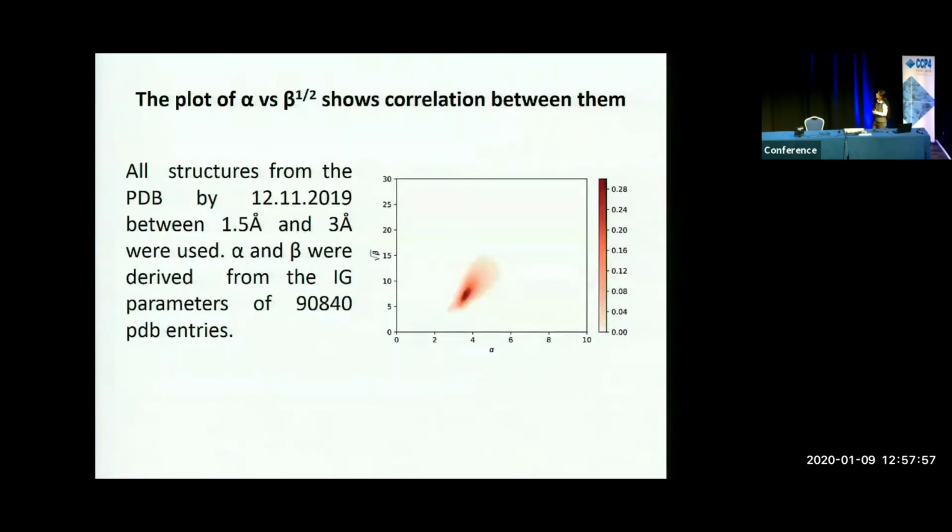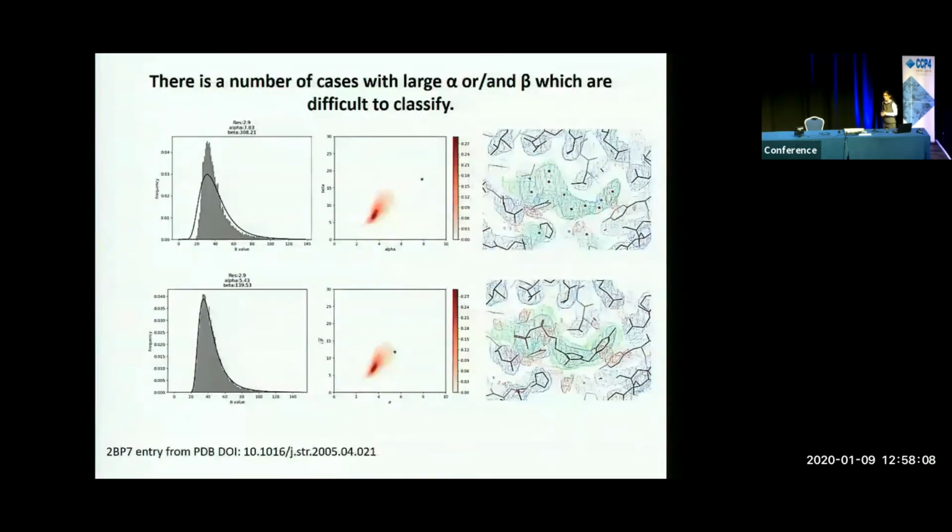This plot was derived from more than 90,000 PDB structures in total. There are many structures with high alpha and beta parameters, which are unfortunately very difficult to classify. In this particular example, you can see that the alpha and beta parameters are far outside of the so-called allowed area.